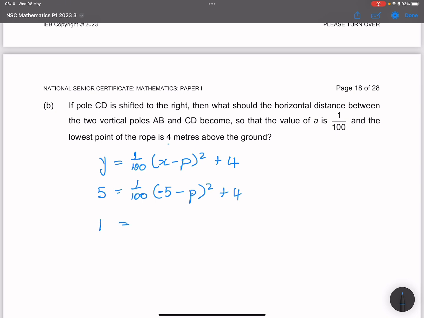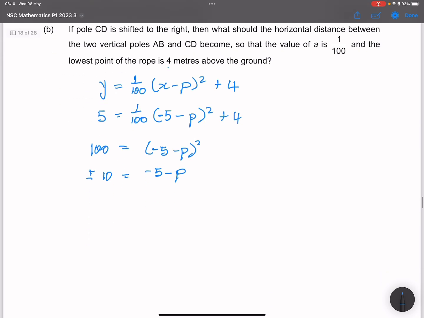We're going to multiply by the 100, so that gives us 100. You can solve this in any way that you like, ladies and gents. So this would be (minus 5 minus p) squared equals 100. If I take the square root on both sides, I've got plus or minus 10, which is equal to minus 5 minus p. Our p value can be one of two.